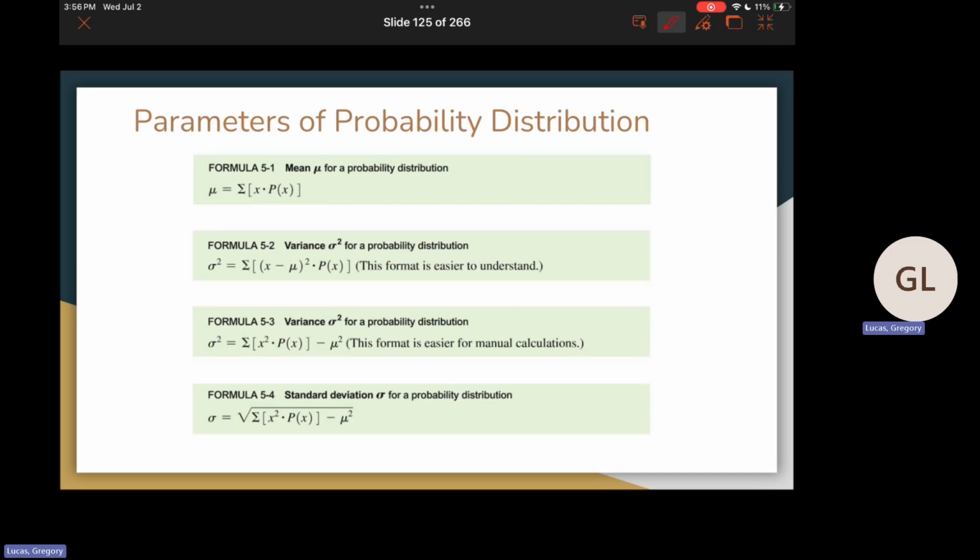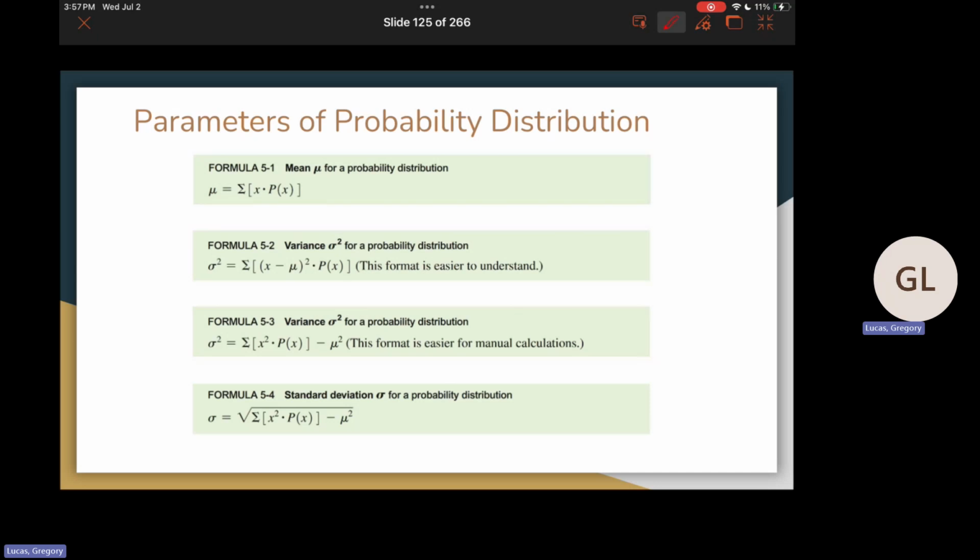Some formulas that we might see that have to deal with probability distribution. A lot of times we will not calculate these by hand, instead use technology. But if we were to do it by hand, we might need these formulas. If we want to find the mean for a probability distribution, we're basically going to take the variable x, multiply it by the probability, and then sum those all together.